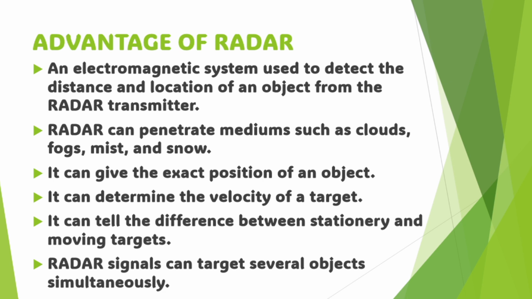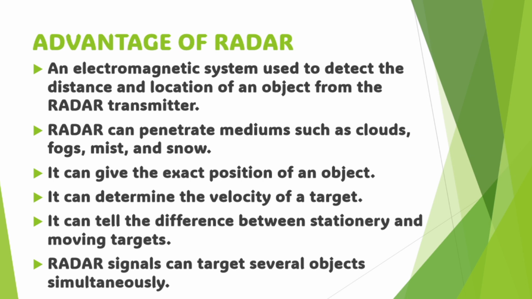Next, come to some advantages of radar. The first advantage is that it is an electromagnetic system used to detect information about different or distant objects. It is also used for detecting moisture, fog and snow present in the space.